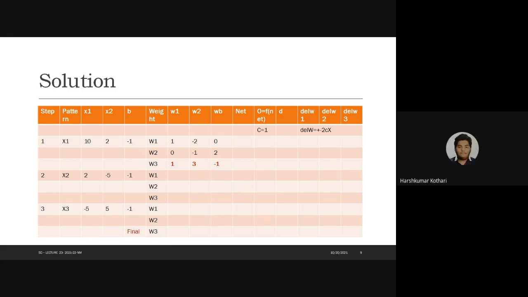Use whatever I have written here. 10 minus 4, 6.